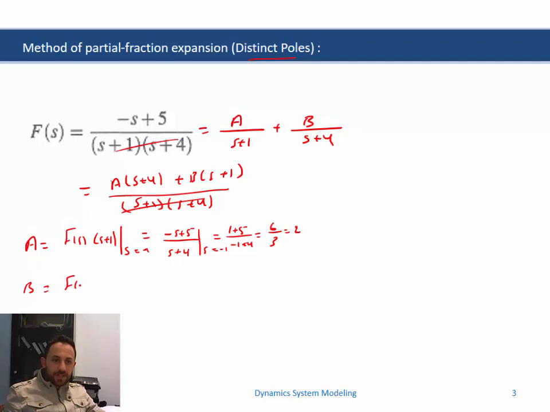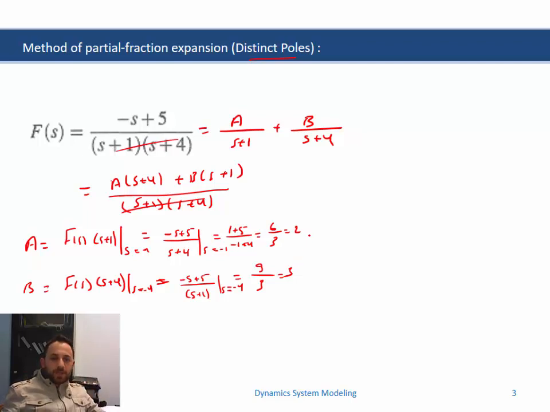B, it is F of s. We multiply s plus 4 directly by the F of s and solve for s equals -4. Okay, so we get minus s plus 5 over s plus 1, at s equals -4, which is 9 over 3, and we end up with 3.